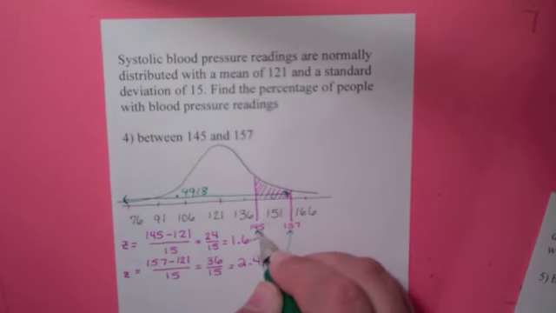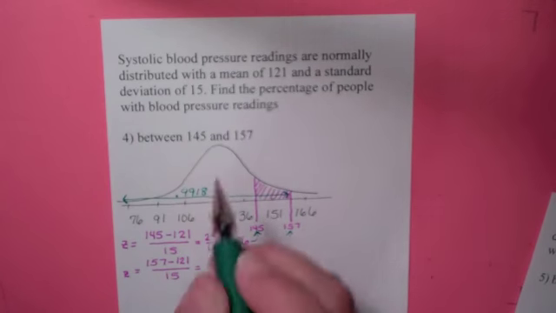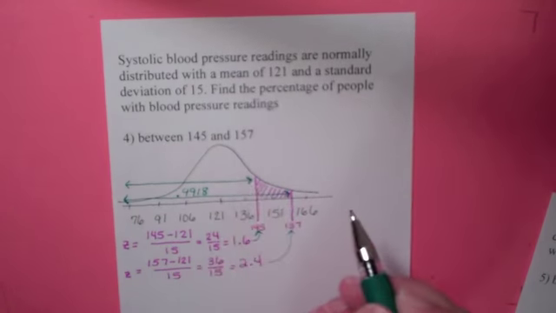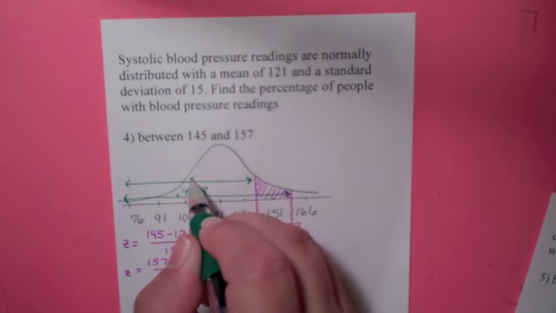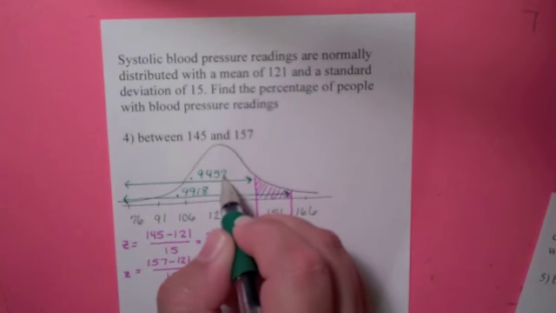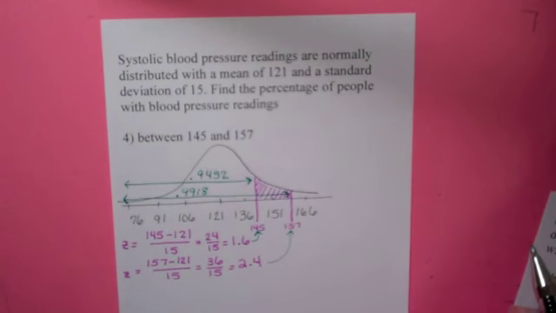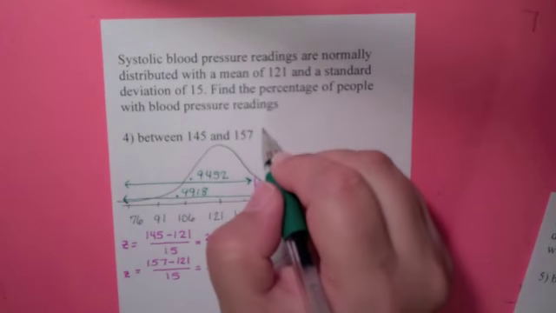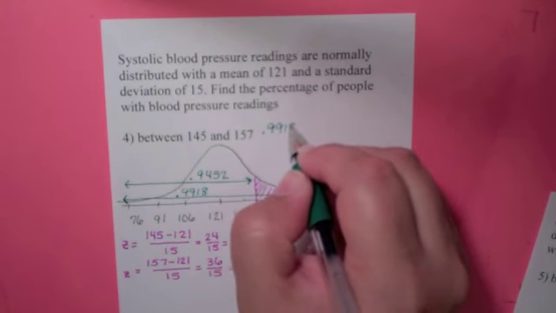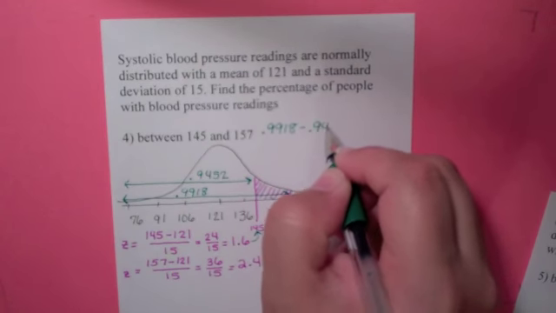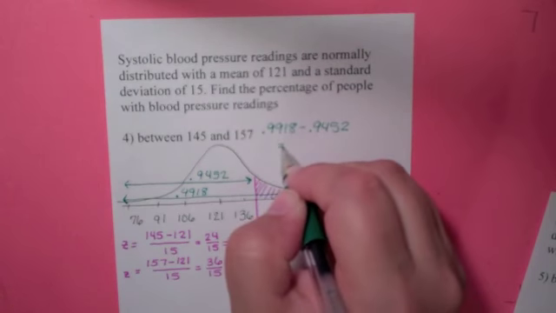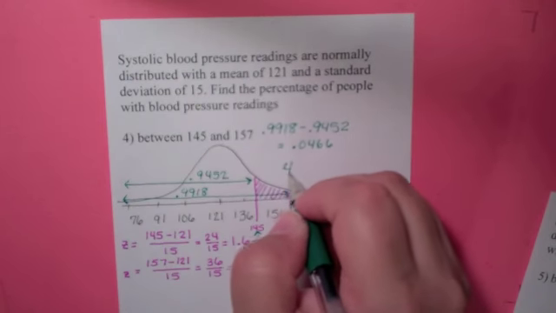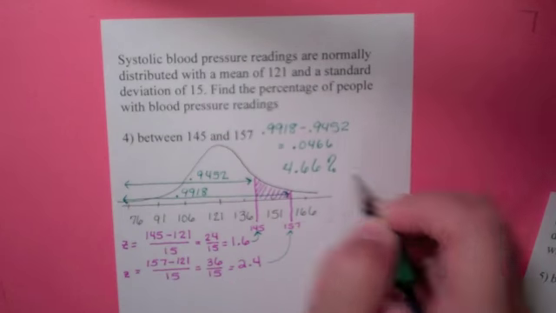And when I look up 1.6, which is the z-value for 145, again, remember we're finding area to the left, and I find it to be 0.9452. Okay, well, if we need this little piece, do you agree we're going to subtract? Okay, so we're going to have 0.9918 minus 0.9452, which is 0.0466, or in percentage, 4.66%.